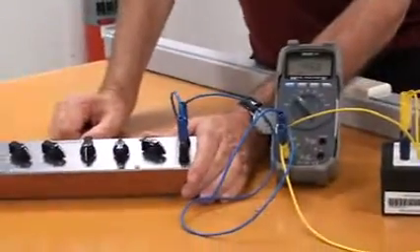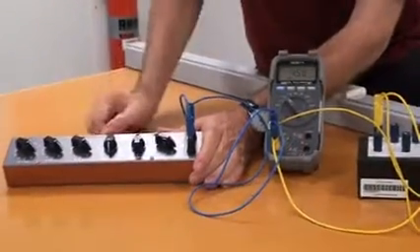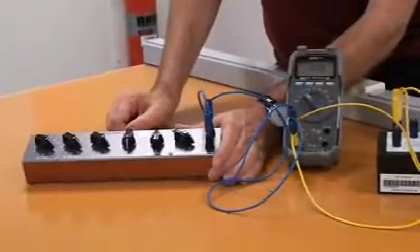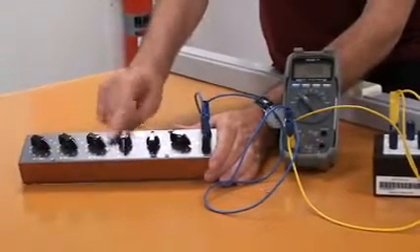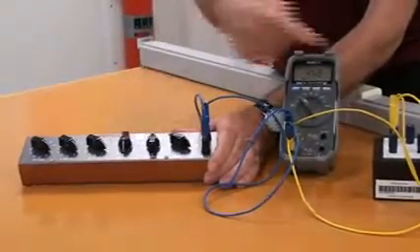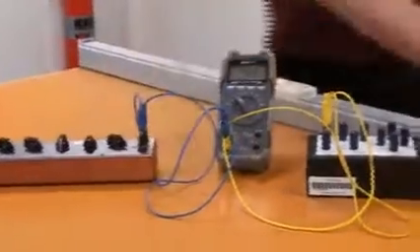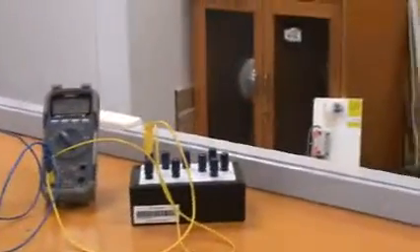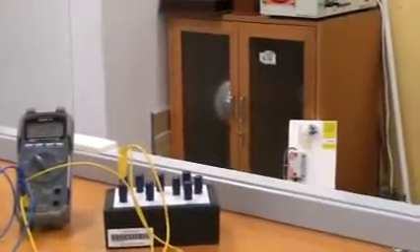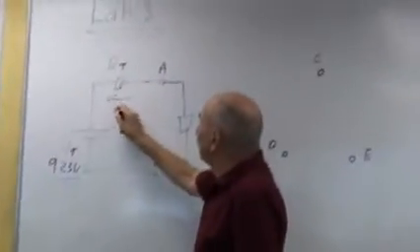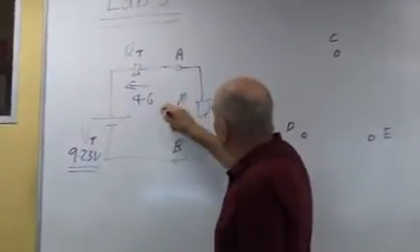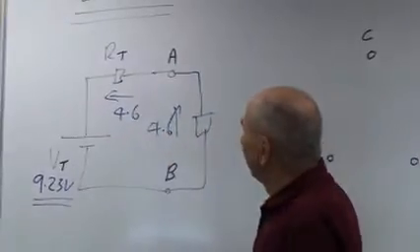Now you might say, why have you done that? Why have you made it half? Well, you see, if the voltage is half, it means the resistance here must be equal to the resistance inside the box. Going back to the circuit, if I put a resistance across there, and I reduce the voltage to half, so I get 4.6 there, and I get 4.6 there.